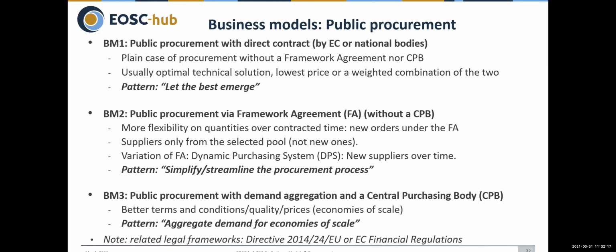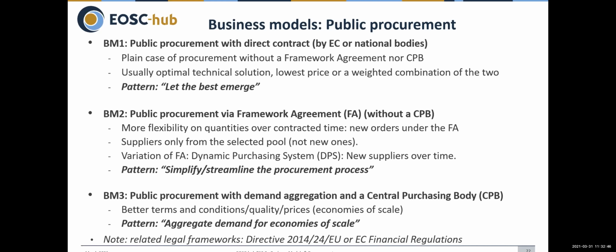The Commission has its own financial regulations, but they broadly follow the directive, and the member states also have to follow the directive. There may be some adaptations at local level, but overall, they have to follow it. So this is a plain case without framework agreement or central purchasing body, and usually the evaluation is done based on optimal technical solution or lowest price or a combination of the two.